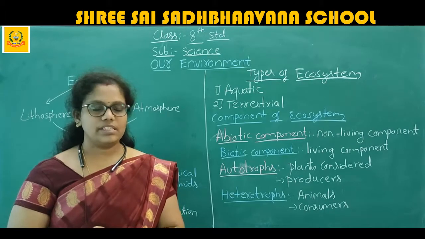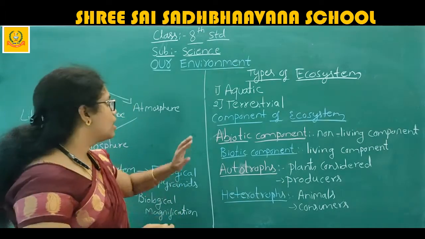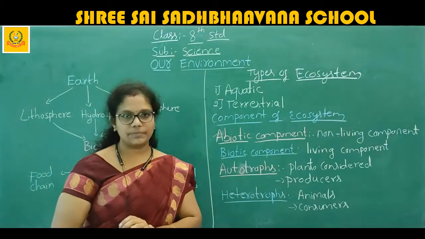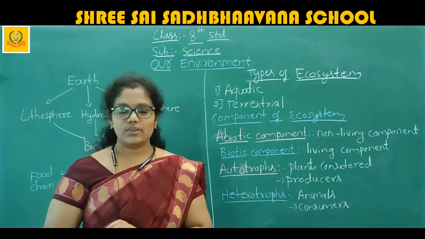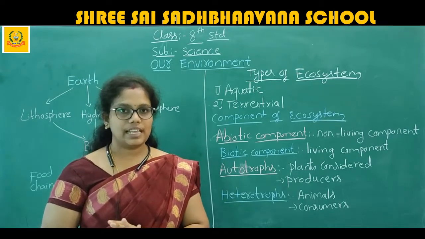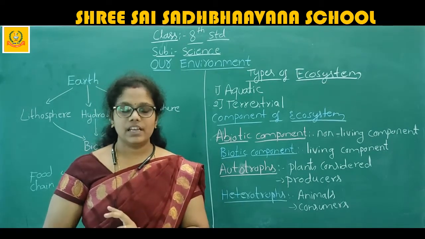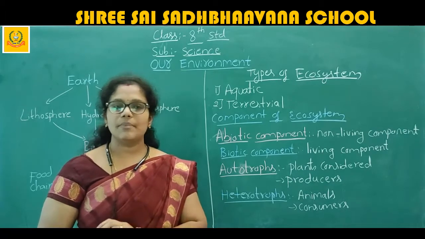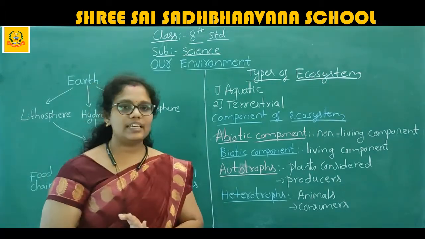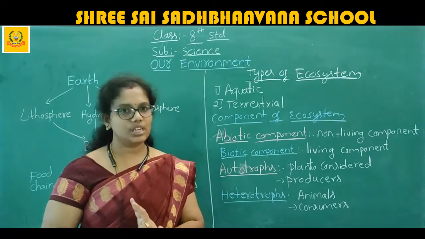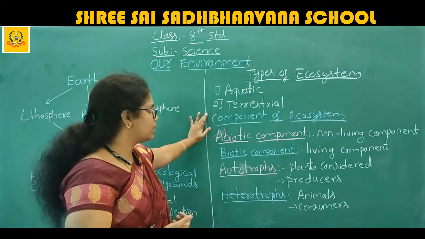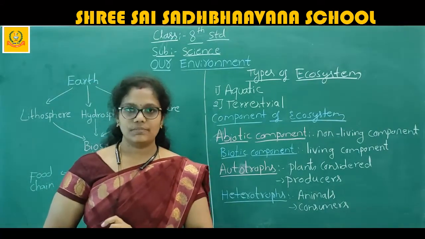The natural ecosystem is again classified into the aquatic ecosystem and the terrestrial ecosystem. First the ecosystem is classified into natural and man-made, then the natural ecosystem is classified into two types: aquatic ecosystem and terrestrial ecosystem.